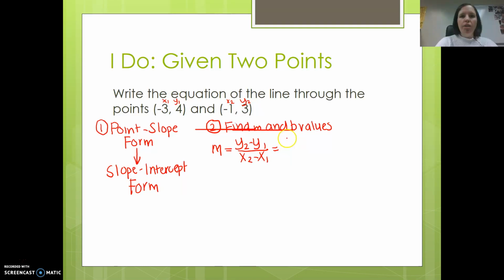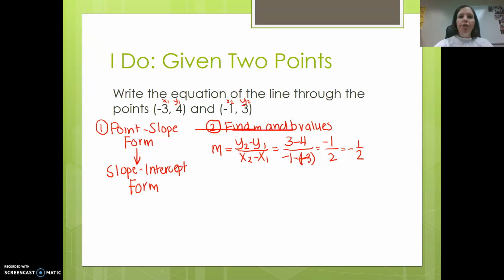We found the slope several times, so this should be no big deal. Subtract your y's on top, subtract your x's on the bottom, and I have -1 over -1 plus 3 becomes +2. So my slope is -1/2.